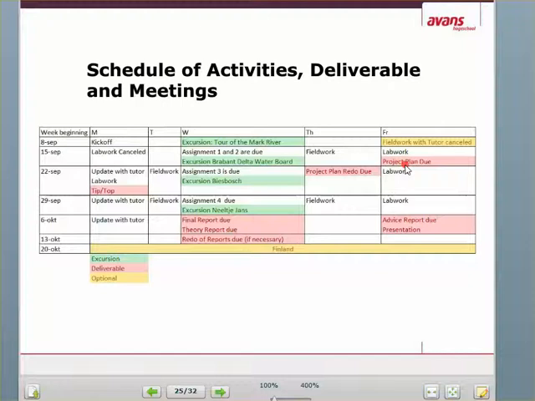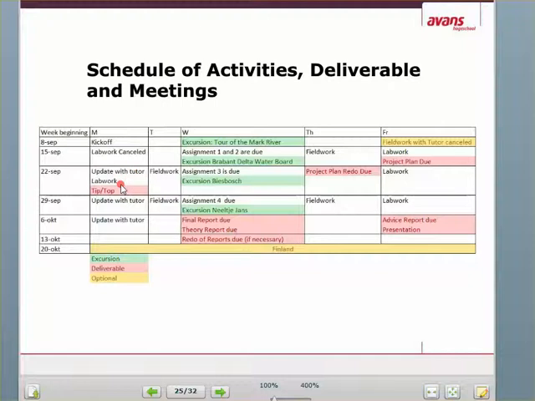Friday is the first lab, and also the project plan is due for your groups. I'll show the groups in the sheet a little bit down the line. The week of the 22nd, you have your first update with me. For the updates, you can go to the Blackboard site and pick a time through the wiki.